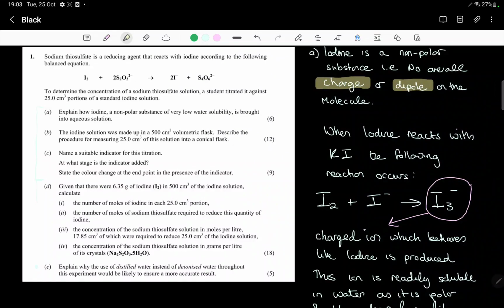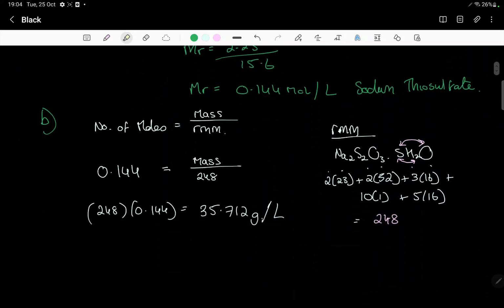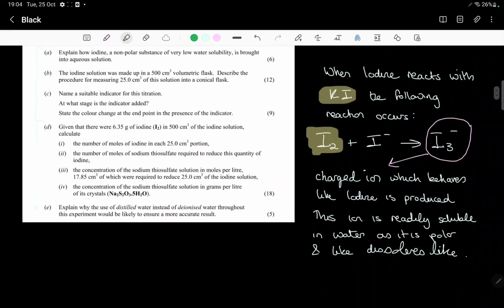So when iodine actually reacts with the excess potassium iodide in the conical flask, this following reaction occurs. We have the iodine that's produced from the reaction. We can scroll up for a second. This reaction here, see this iodine? That iodine is reacting still with the excess potassium iodide that's in the conical flask, producing this charged ion here.